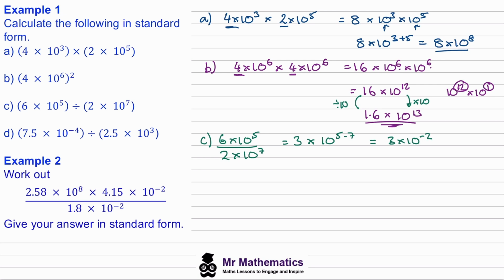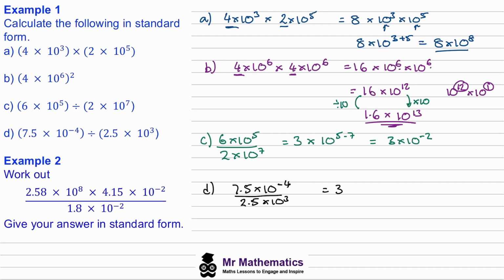So do you want to try question D for yourself? Okay, so let's go through it. We've got the 7.5 times 10 to the negative 4 divided by 2.5 times 10 to the 3. What do you think we can do now? So now we'll divide 7.5 by 2.5, and this will give us 3.